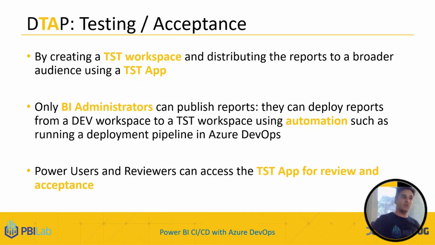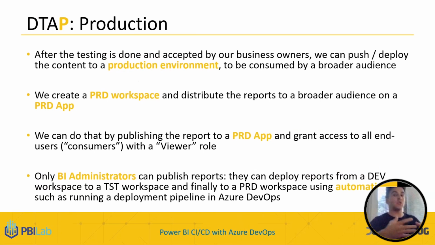And in the final stage, production, I'm again standing up a workspace prod and an app prod, but in my app prod I'm giving permission to my final users and again my power users, because my power users are key members of my architecture. They are those with subject matter expertise, they are those developing the reports, and they are those that might help the BI team debug issues.